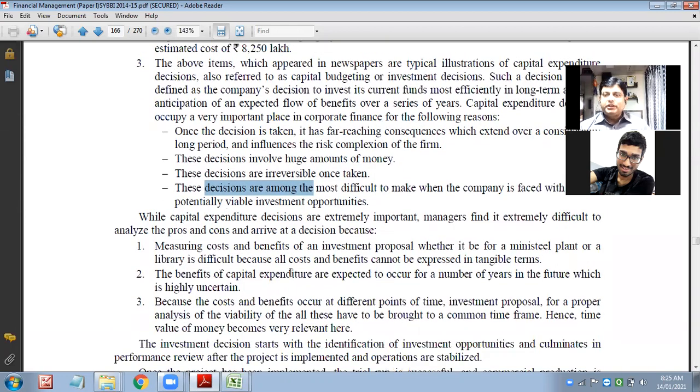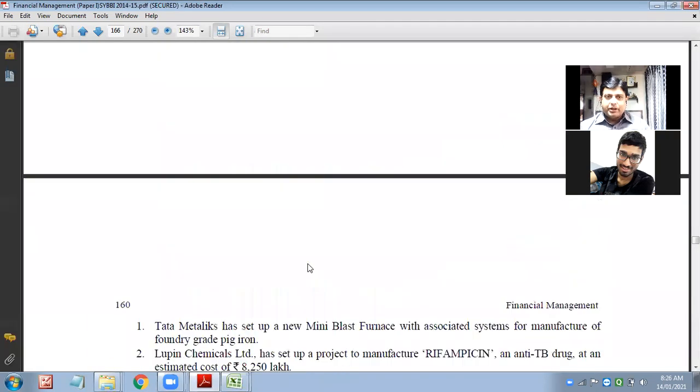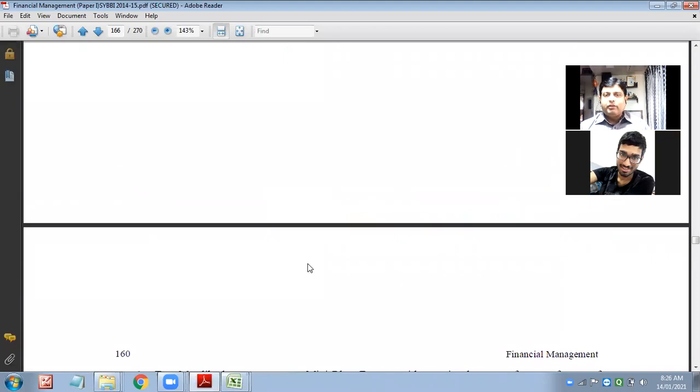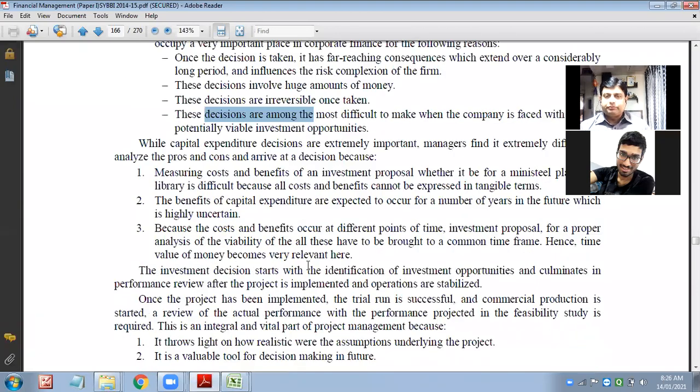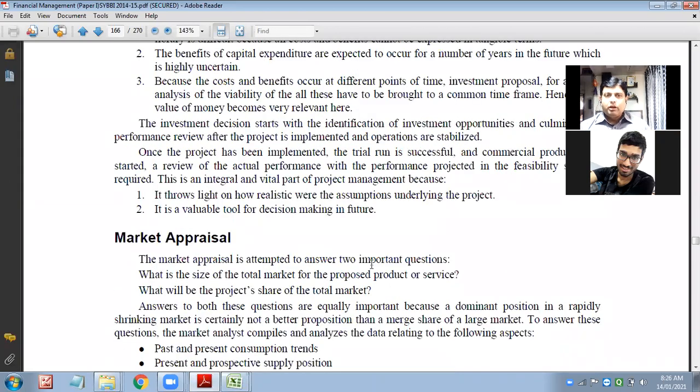Whatever decision you are taking for capital expenditure, you take many precautions before executing, and thereby these capital budgeting tools are very vital and important.